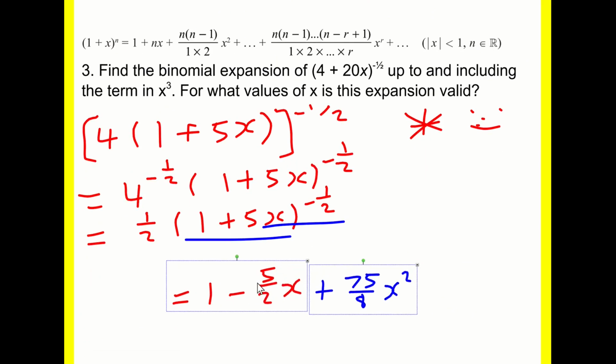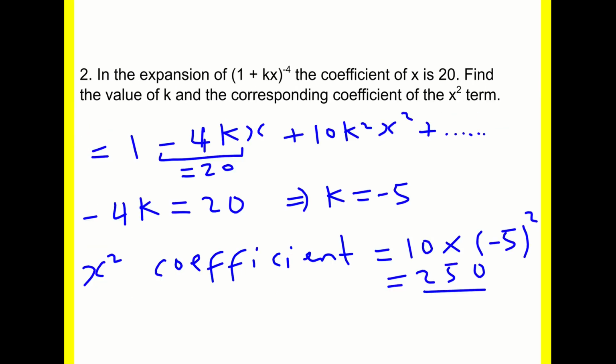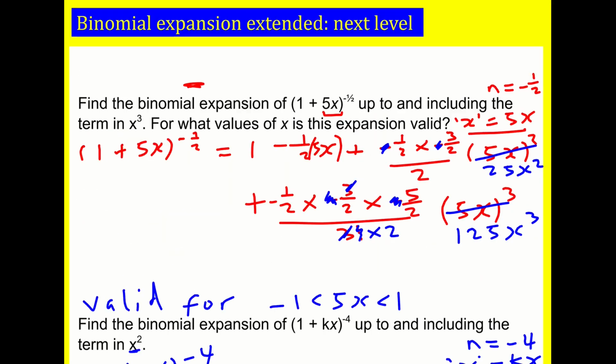Okay, so actually my next line is going to be the same as before, but I need to put a bracket around it and then put a half in there. I've just realised we did it up to x cubed before, but I got rid of that x cubed term, didn't I? Okay, let's grab it again.